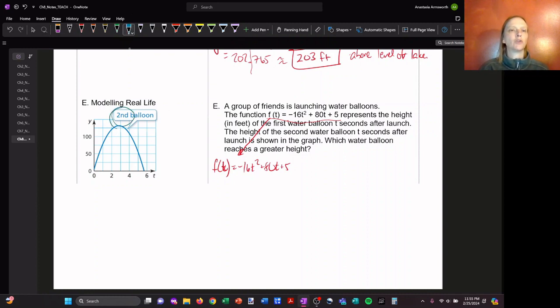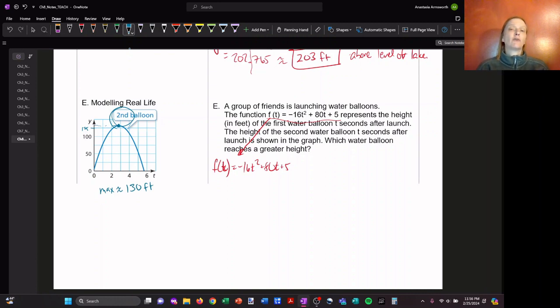So this is water balloon number 2, which I'll represent in blue as we go along. And we want to know which water balloon reaches the greater height. So we're really asking about the max value. And it's easy enough to tell this from the graph here, or at least approximately read it from the graph. If each marking on the graph represents 25, then this mark would be 125, and we're maybe another 5 above that. So let's say that the max value here is about 130 feet for balloon 2.